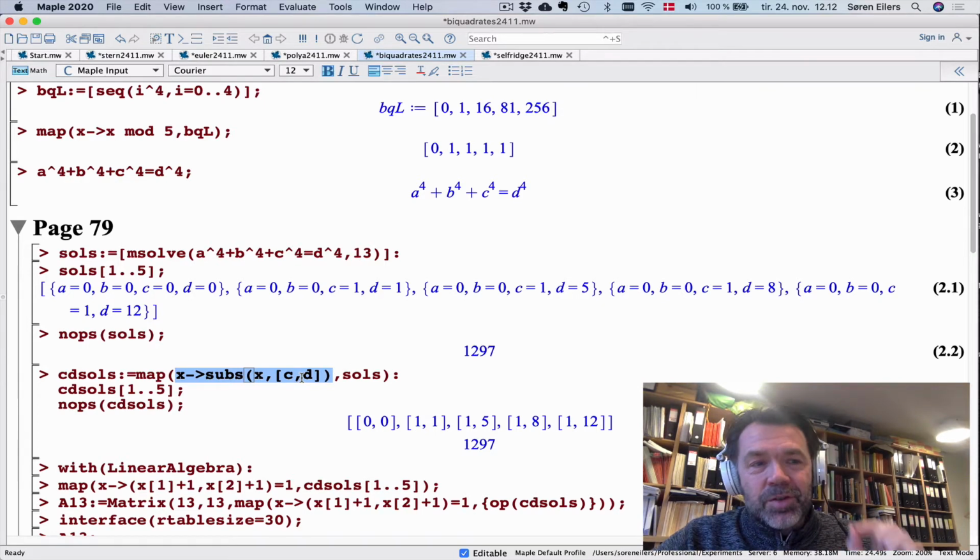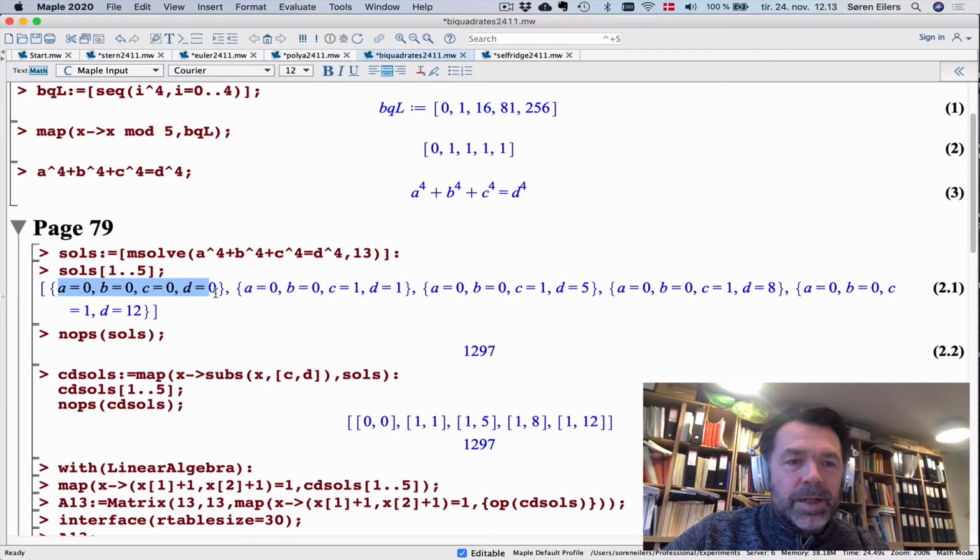All the entries in sols is a set of equations of the form a equals 0, b equals 0, and so on. I want to extract the value at C and the value at D. And I'm going to do that by taking a little vector and writing C in the first entry and D in the second entry. And then I'm doing the substitution of, for instance, what I have up here into that.